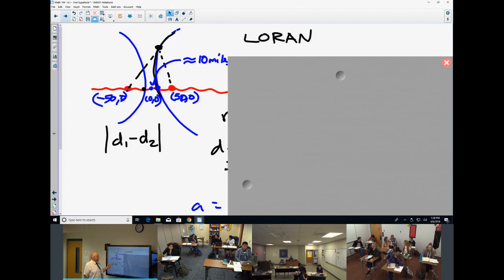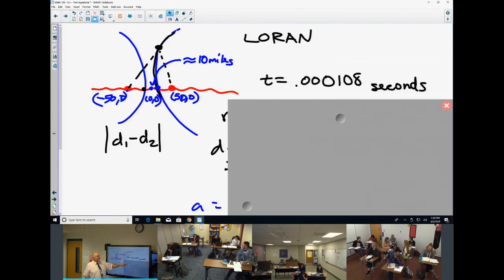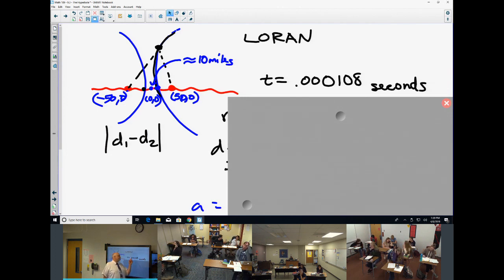So then what we're going to do is send out the pulse. Let's say now we've upgraded their equipment, so we're not using sound anymore, we're using lasers. One laser signal comes back, the other laser signal comes back, and the computer measures the difference in the time to be 0.000108 seconds.